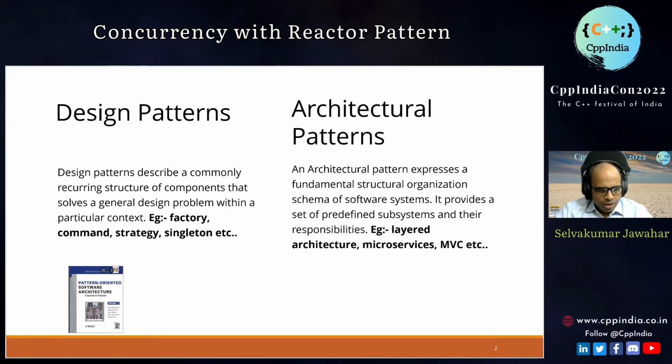It's a little higher level than the design pattern, and it talks about different components in the system architecture and how they interact. Some examples of architectural patterns are layered architecture, or the more common ones, MVC and microservices.